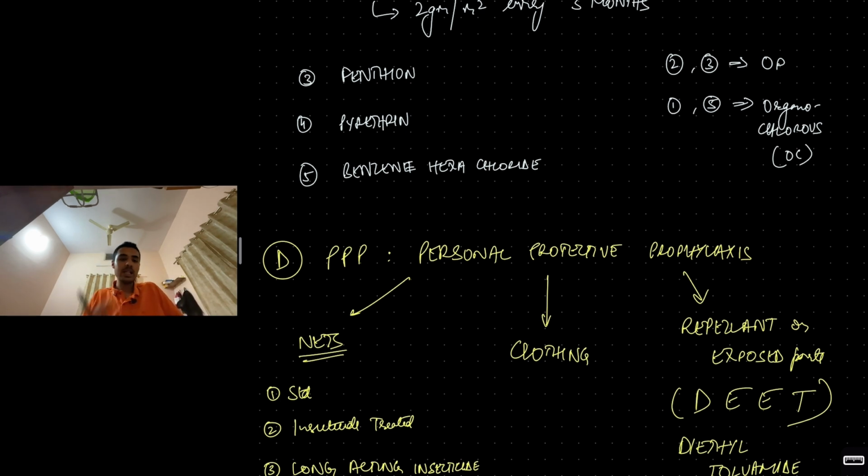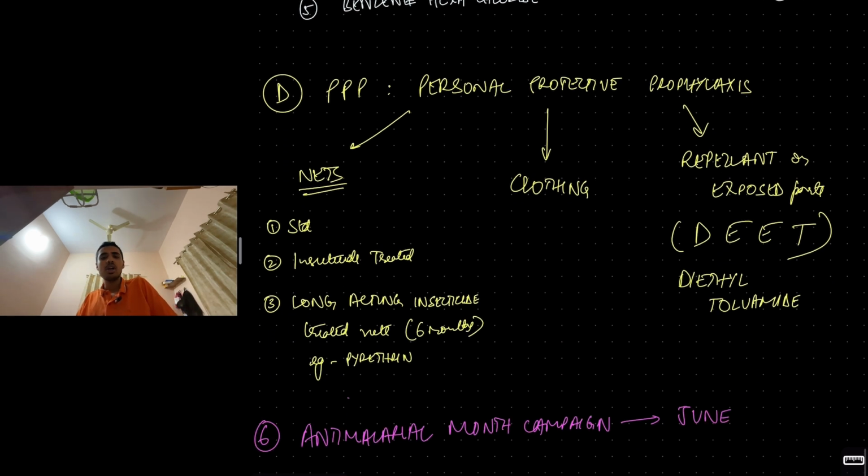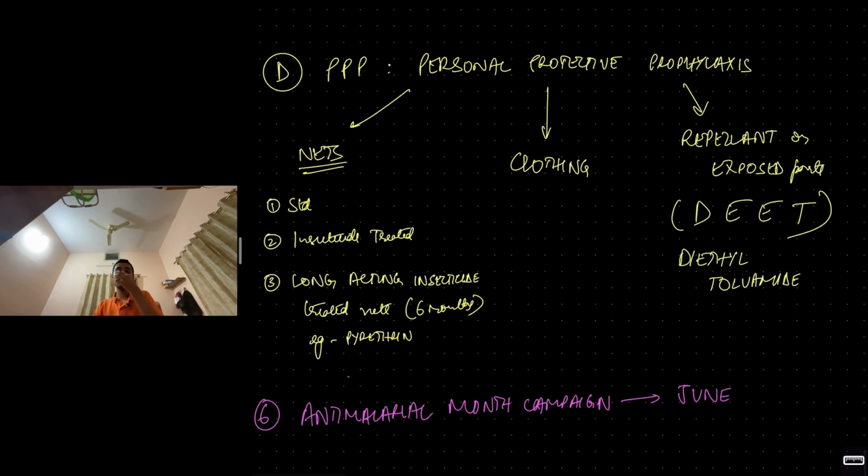So you're trying to kill the adults. The last measure is you don't want the mosquitoes to bite you. So for that you have personal protective prophylaxis. How do you protect yourself from getting bitten by mosquitoes? Using mosquito nets, standard mosquito nets. But the problem is they're not that useful.